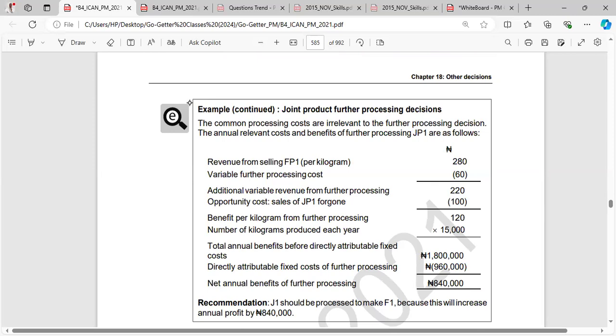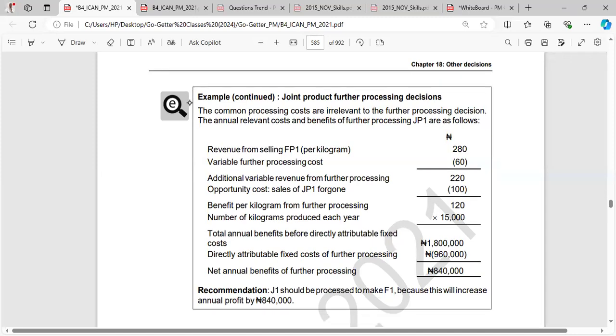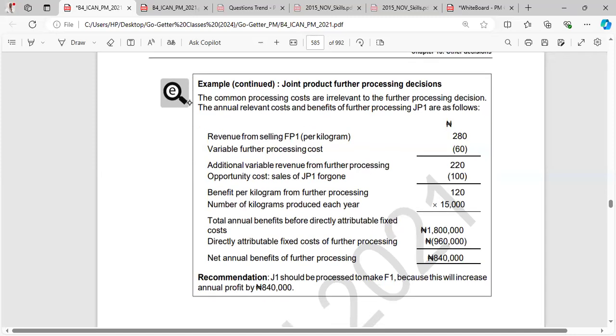So you're no longer selling J1, but you are processing it. So this J1 contribution is lost. That means the benefit of losing this contribution and going for a higher selling price is 120 naira per unit.